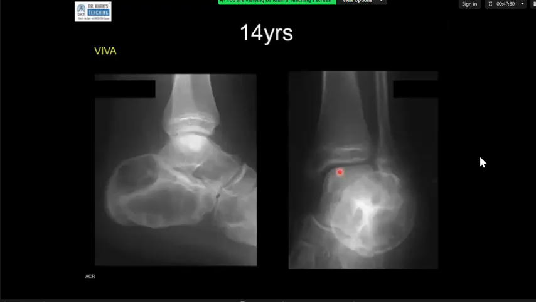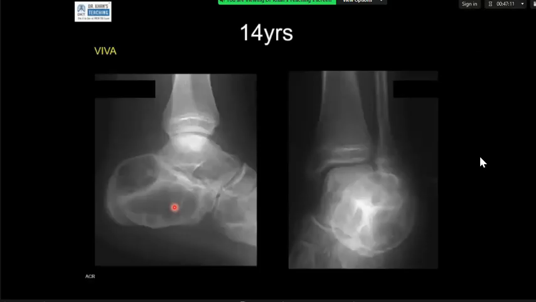So in this child, let me take over. There is an expansile lytic lesion with internal trabeculation in the femur, in the calcaneum in a 14-year-old. What is your differential?